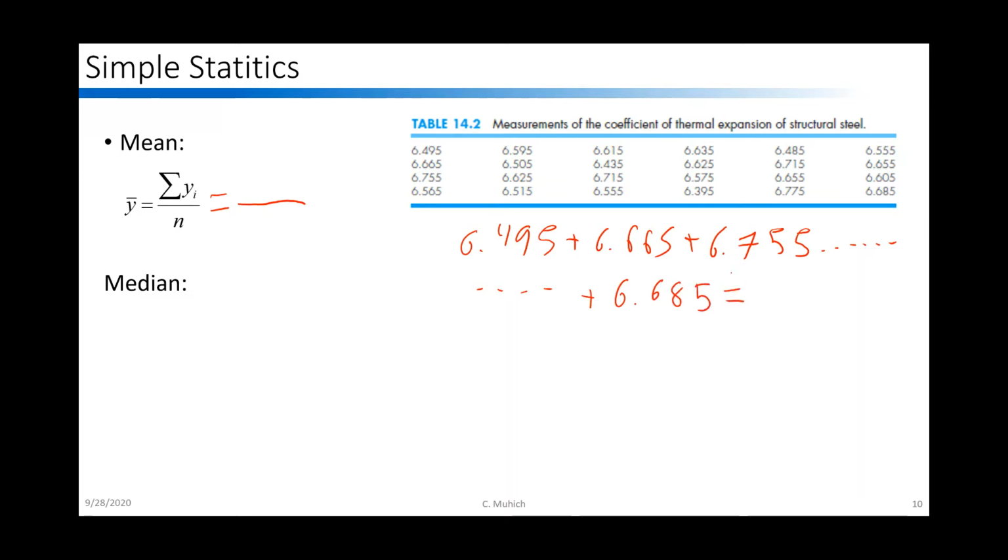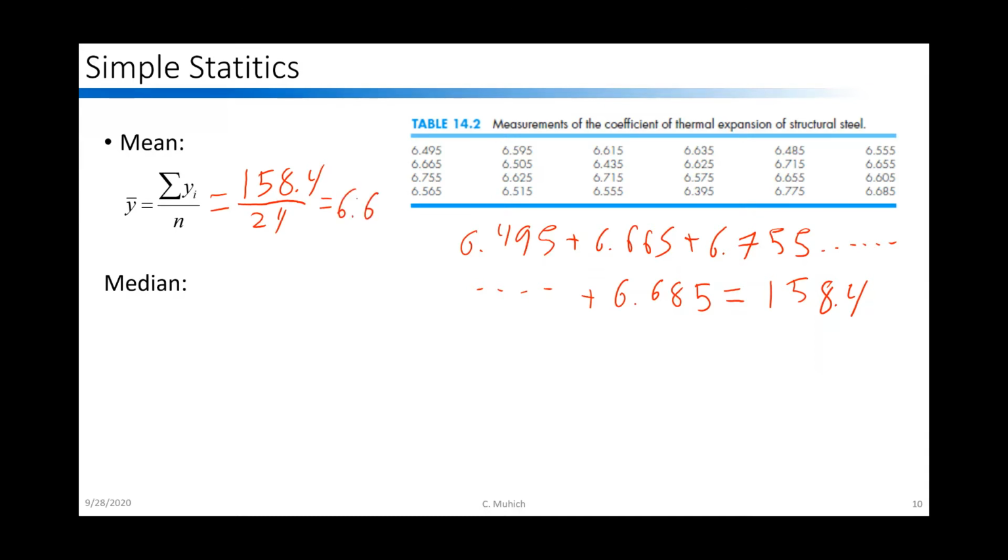Add them all together, which will give us 158.4. Right? So this is my sum of my y. Put 158.4, and I have 24 entries. So my average is 6.6.